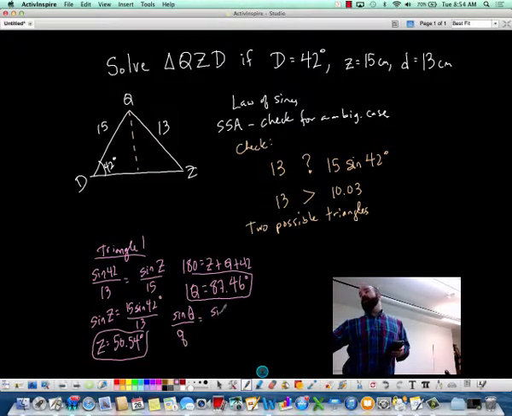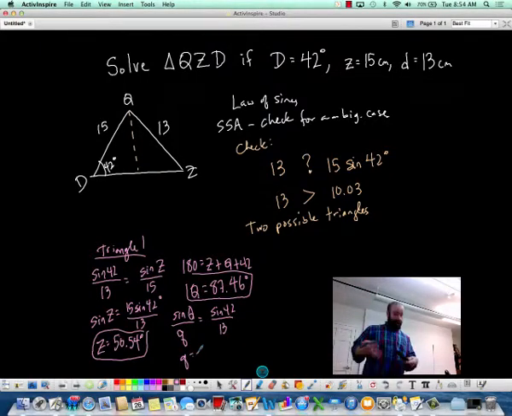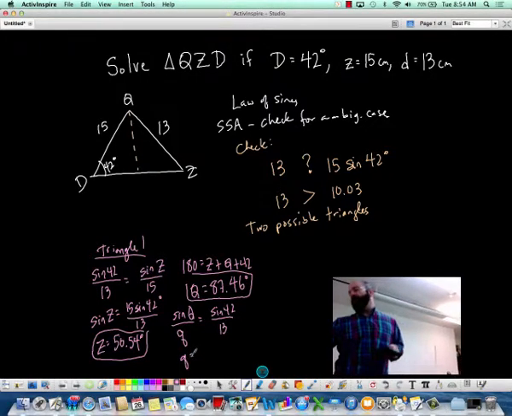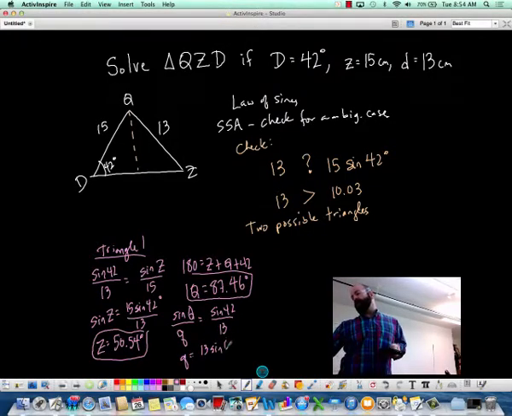And I'm going to use the sine of 42 and 13 degrees. If I solve this for q, by cross multiplying and isolating the little q, I'd get 13 times the sine of Q, which I've already found, all over the sine of 42.